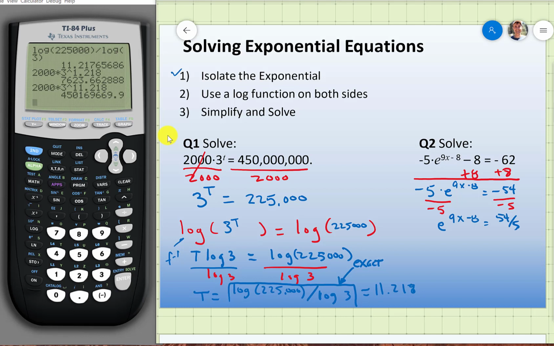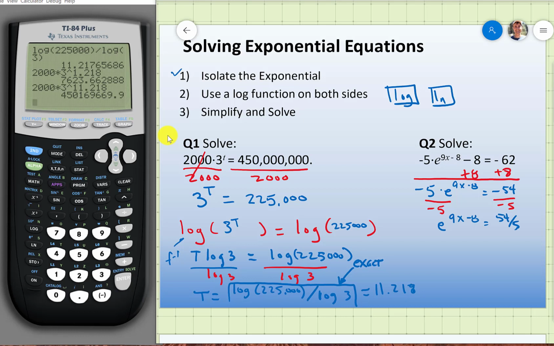Now it turns out you can use any log you want, and there's some strategies that might make it a little easier depending on what kind of calculator you have. But for simplicity, if we're going to reverse an exponential, I'm just going to focus on log base 10 and log base e, the natural log.